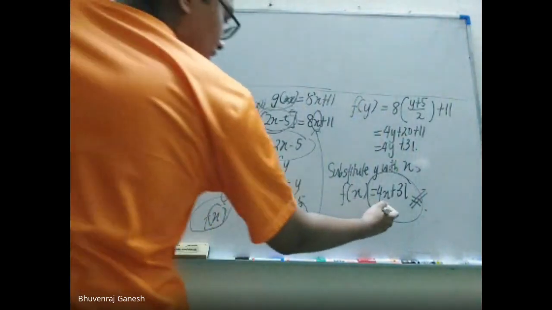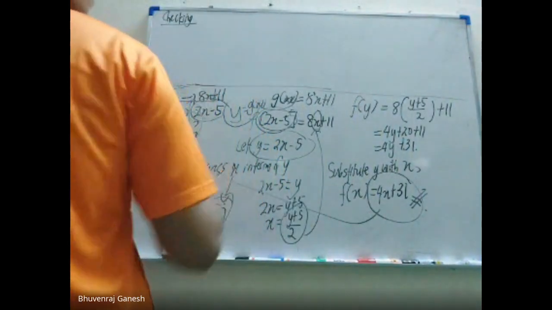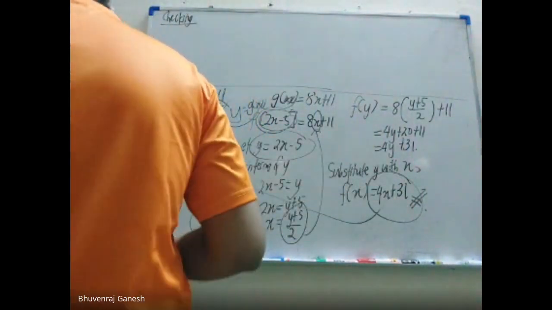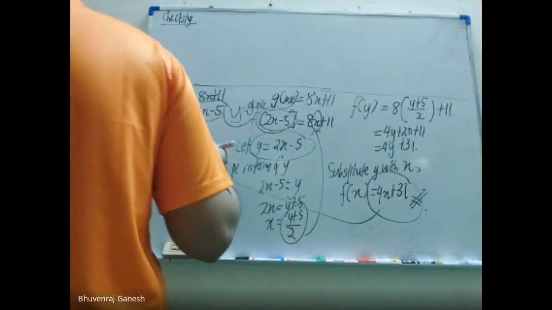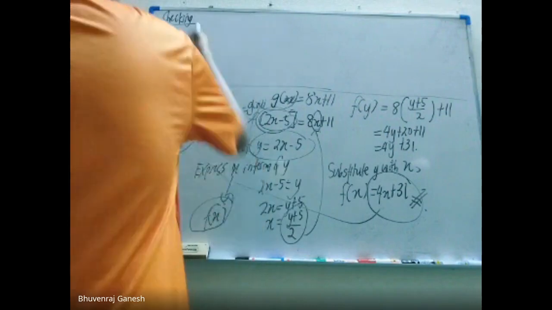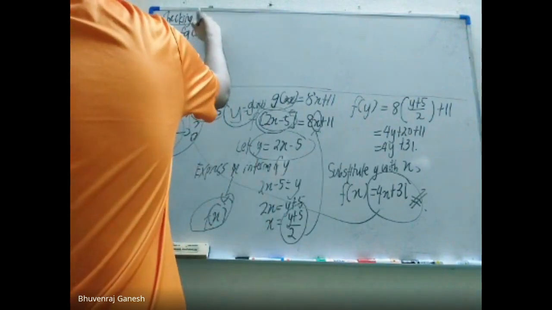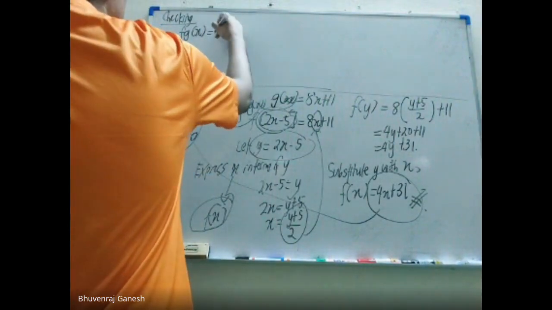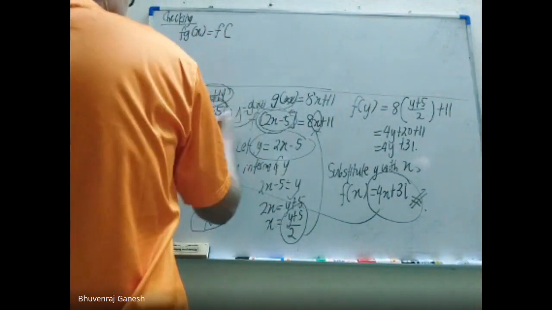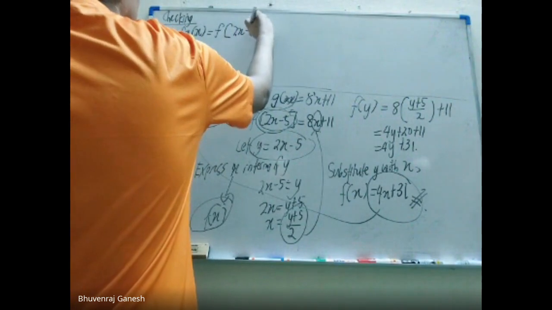You put back this answer and find back your f(g(x)). Reverse again to the normal method that we use. So you're going to do back the composite function. So you want to find f(g(x)) now. So you want to see whether you get 8x plus 11 or not. So f(g(x)) is, given the question, 2x minus 5.